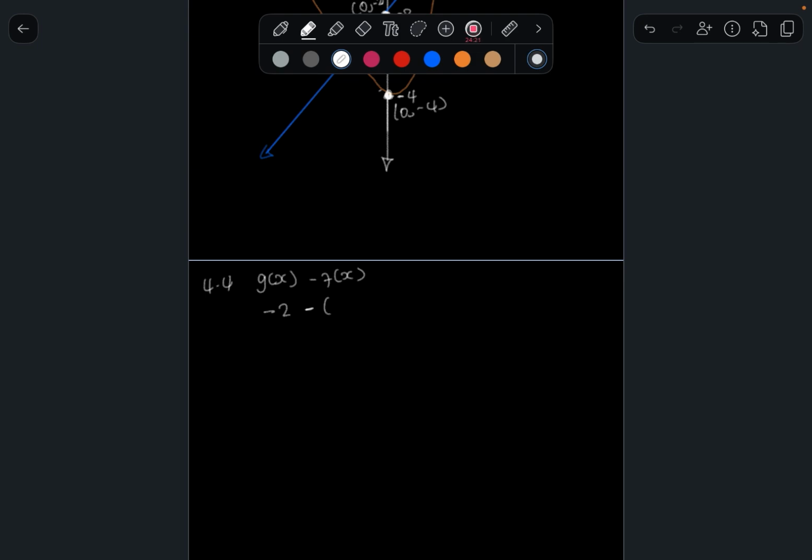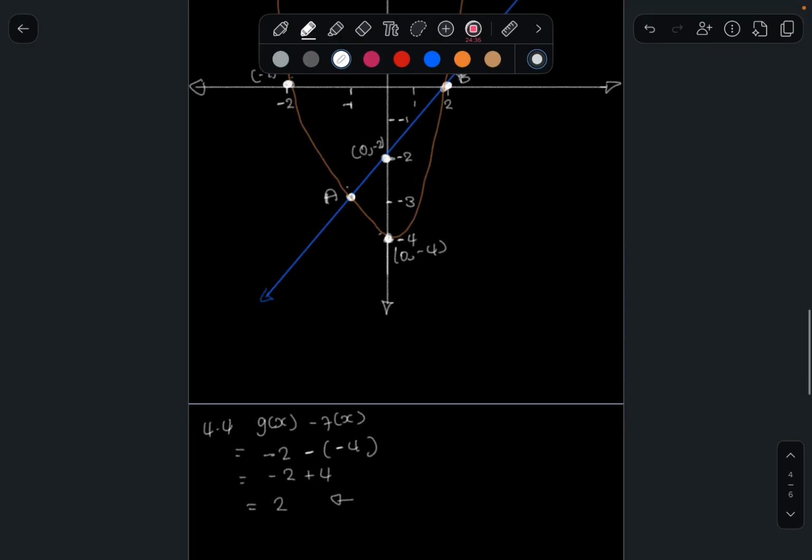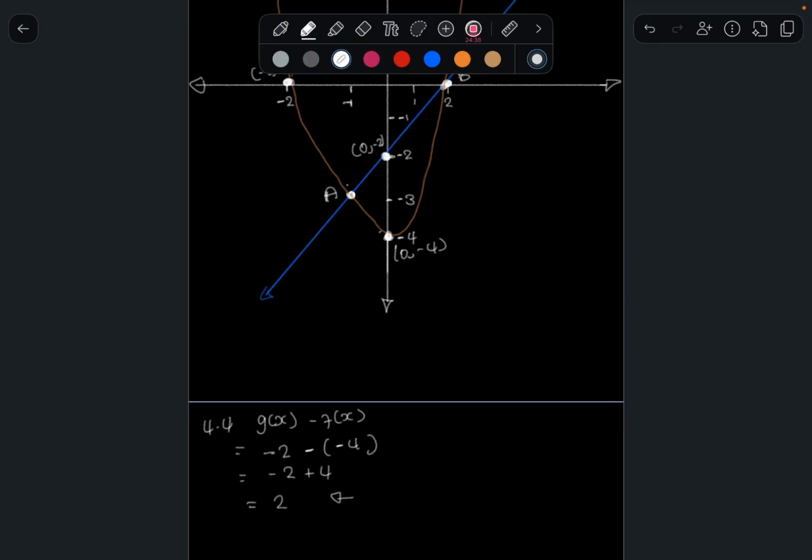It is -4, right? So -2 plus 4 is equal to 2. And that's basically the length, this length from -4 to -2. That's the length, right?